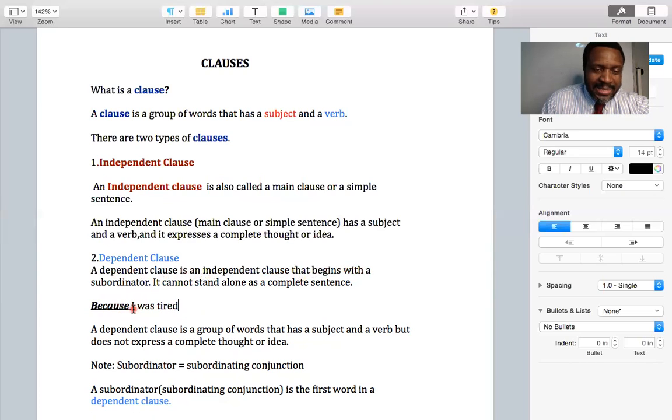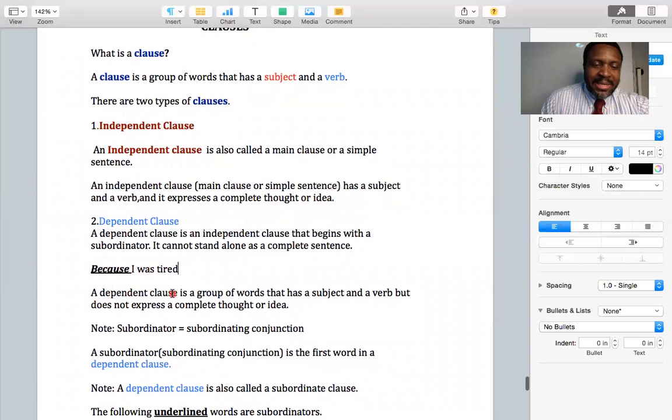This is an independent clause, I was tired, beginning with this subordinator. So subordinators make independent clauses dependent. That's profound, isn't it?